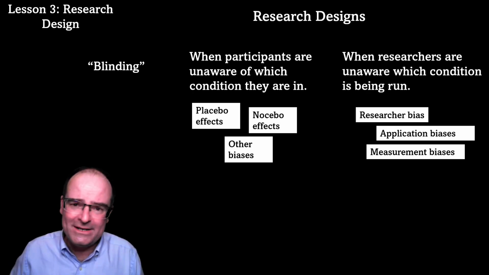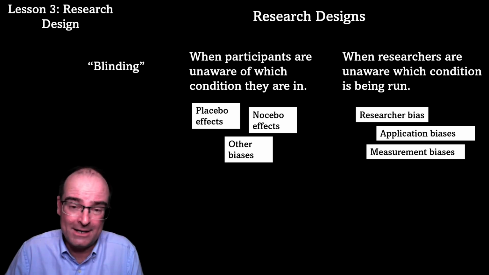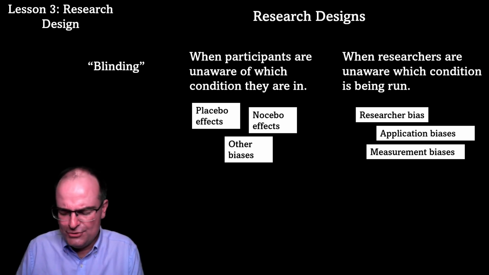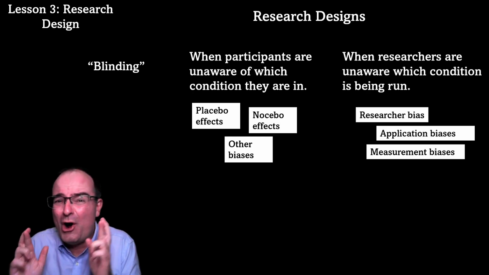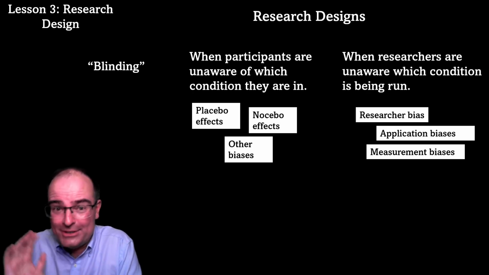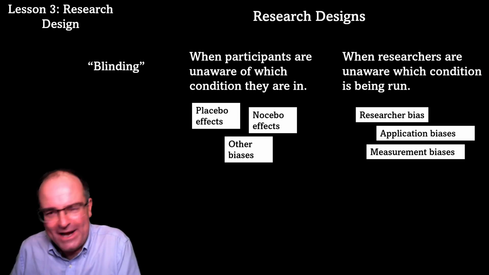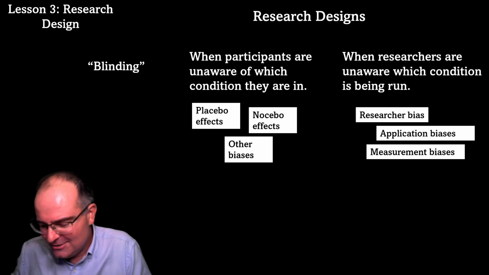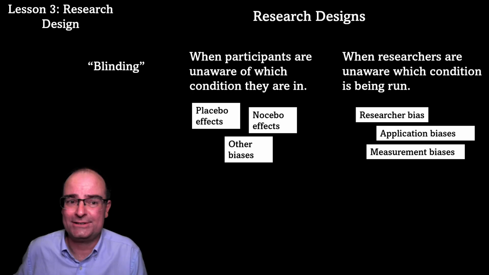Researchers too should be unaware of the condition they're testing. And that's why it's better to use a computer to do your random allocation for you. Because if you know, for example, that this participant is in the condition that you're hoping is the faster condition, you might be encouraging them. And the way you apply the condition, the way you give them the tasks might be faster. Even if it's done unconsciously, researcher bias can be unconscious.